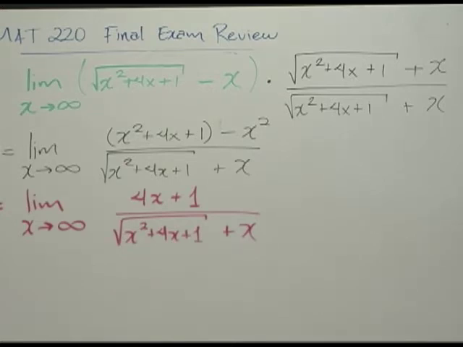Okay, guys. Now, how about at this point? Any suggestions here? Here we're looking at a limit at infinity, specifically as x goes to infinity. So you guys remember how to tackle those?